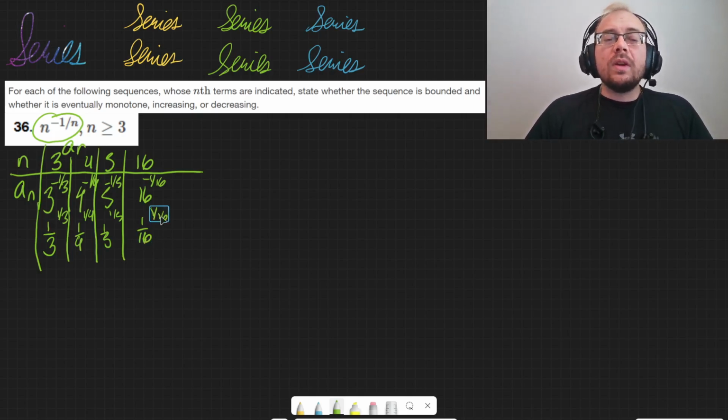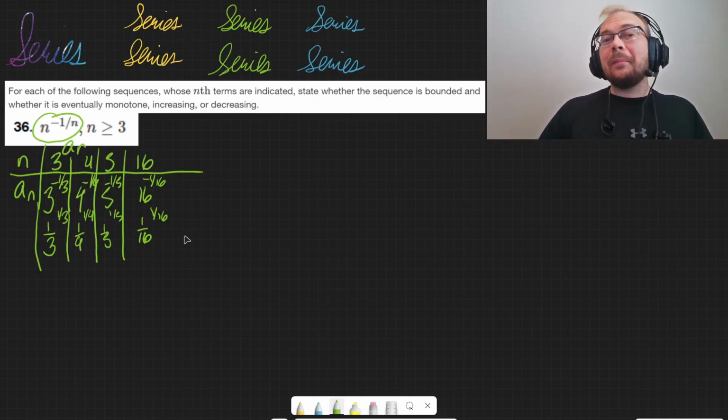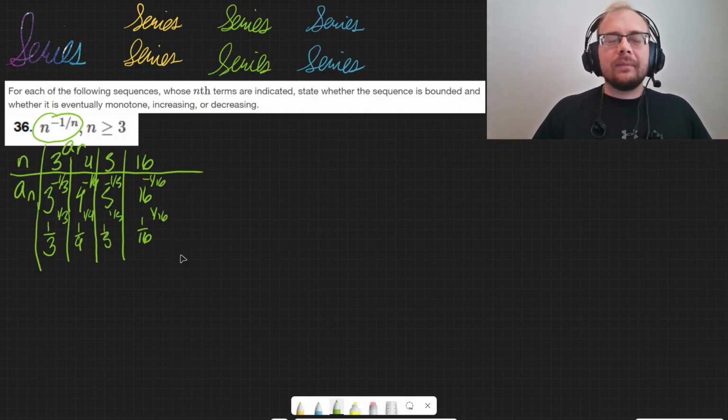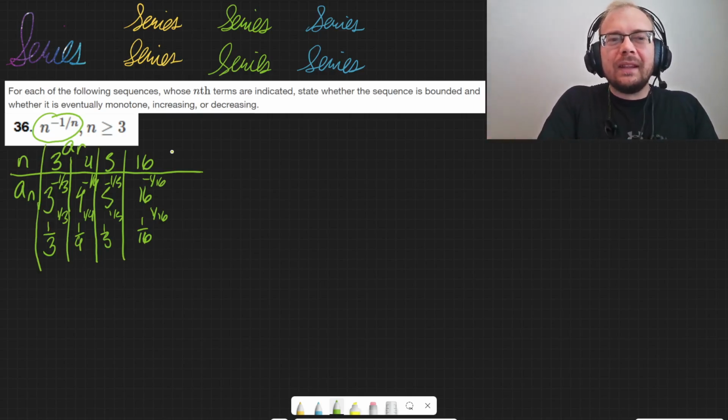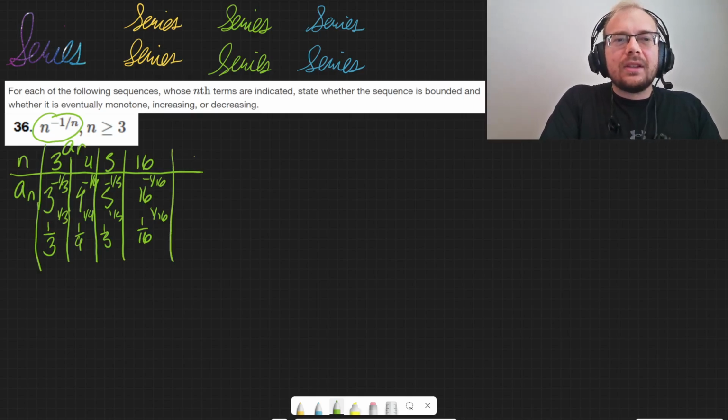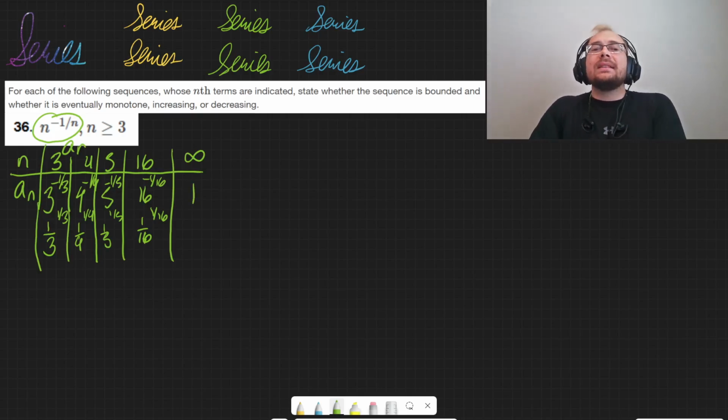So it would be basically saying like, okay, if I take 0.999999 and multiply it by itself a bunch of times, then I would get a small number. Whatever the base number is becomes relatively irrelevant. So then as we go to infinity, it's just going to be 1. So the limit is going to go to 1.